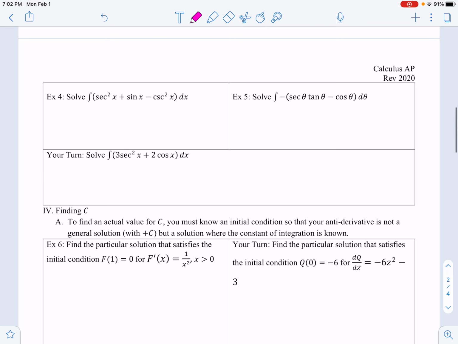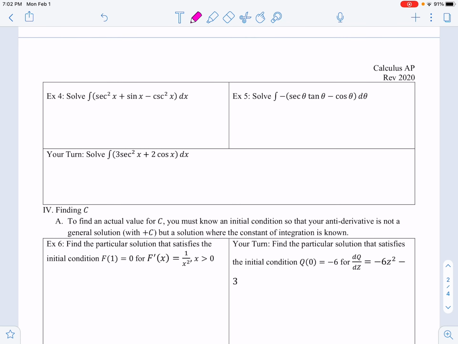All right. I don't think I did number 4. Had to think about it. This one, what do? You have 3 over the cosine squared of x plus 2 cosine x.